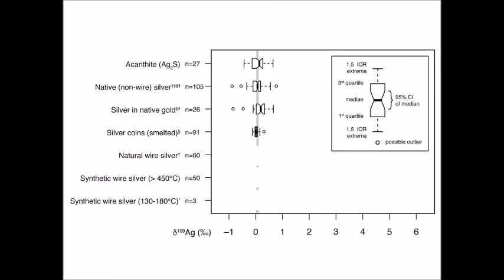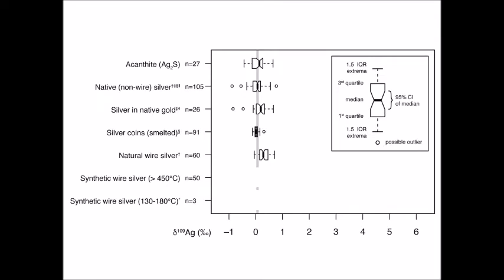And what we find if we look at silver isotopic composition of acanthites from many different samples around the world, native silvers that are not of the wire morphology, and other samples including smelted silver and silver as an alloy in gold samples, there is very little variation among the medians of the isotopes for those different types of samples. However, natural wire silver, that is a morphology that is not described above, has a slight enrichment compared to the others with respect to 109. Now this is very interesting.